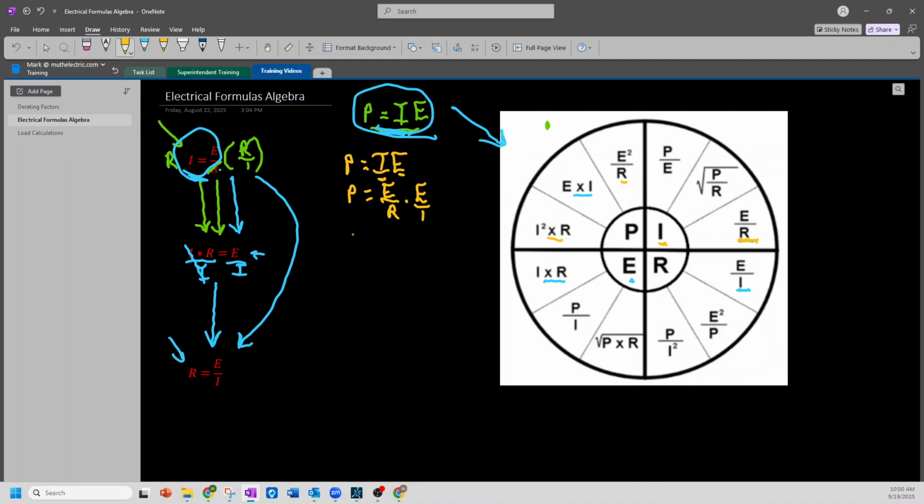When I multiply straight across, because that's what we do with fractions, E times E is E squared over R. And I just got this equation.